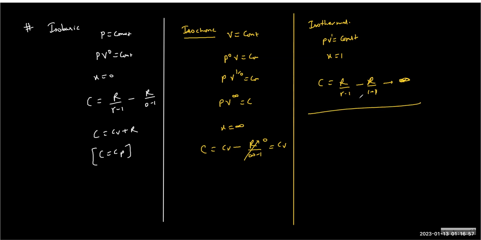And the last, adiabatic, what do you expect? Adiabatic means PV to the power gamma constant, so X is gamma only, correct? So C will be 0.